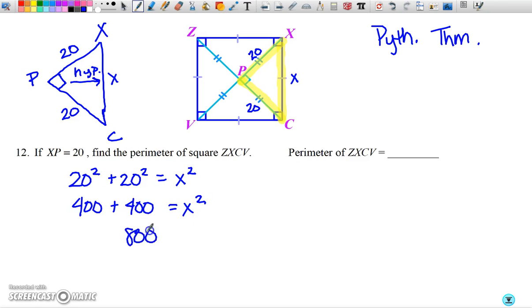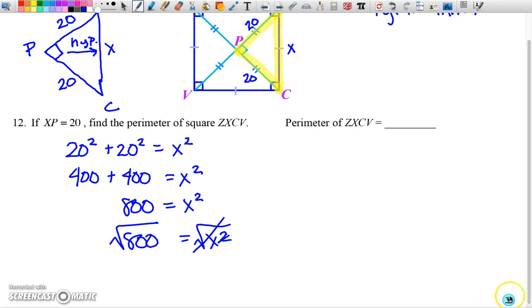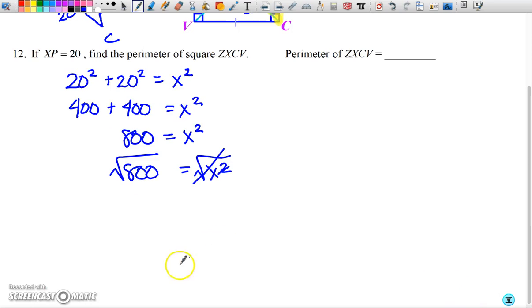So we get 800 equals x squared. You take the square root of both sides to get rid of your square. And the square root of 800, I'm going to go ahead and round to the nearest tenth. It comes out to about 28.3. So I'll remind you that I rounded to the tenth.